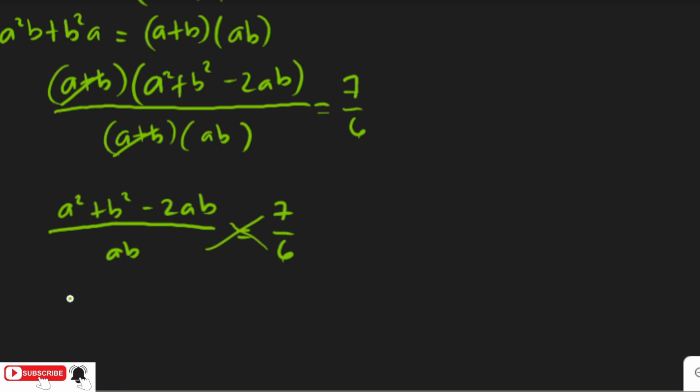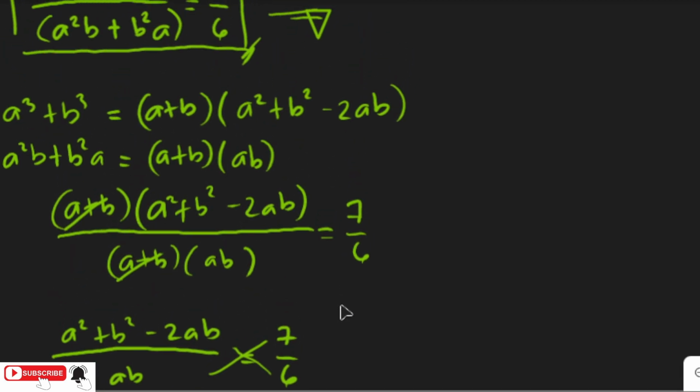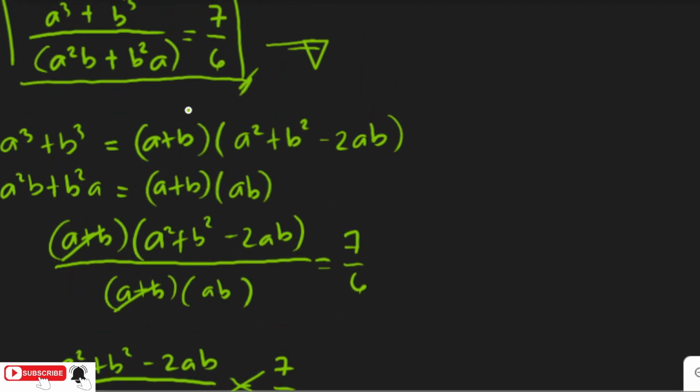Cross multiply, so you have 6a squared plus 6b squared minus 6ab. Sorry for this, it should be only ab. So it's just an ab.